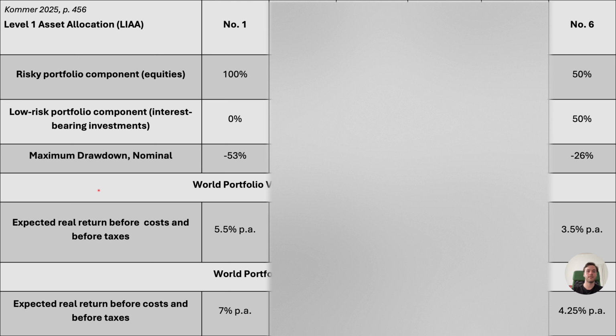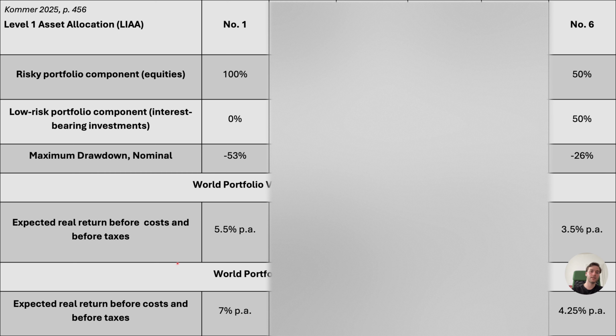We can see the maximum drawdown in the nominal version, which we would expect, which for a 100% risky portfolio would be around 50%. And logically, the more of the safe part we put into the portfolio, the lower the maximum drawdown will be. And here you have the two versions: market neutral investing, which I would probably recommend and I think is more realistic.